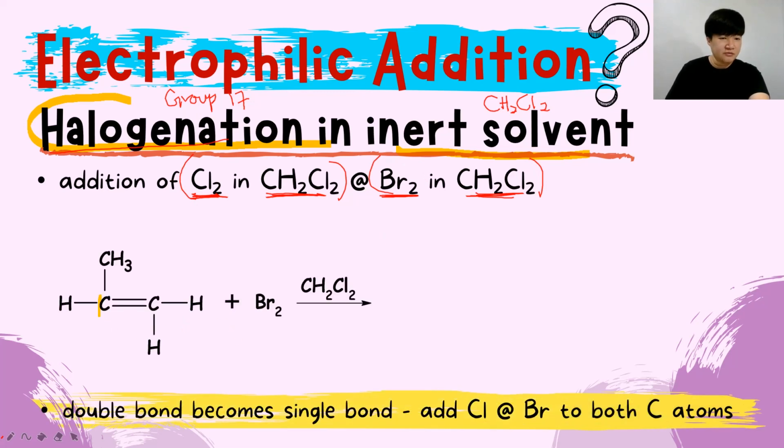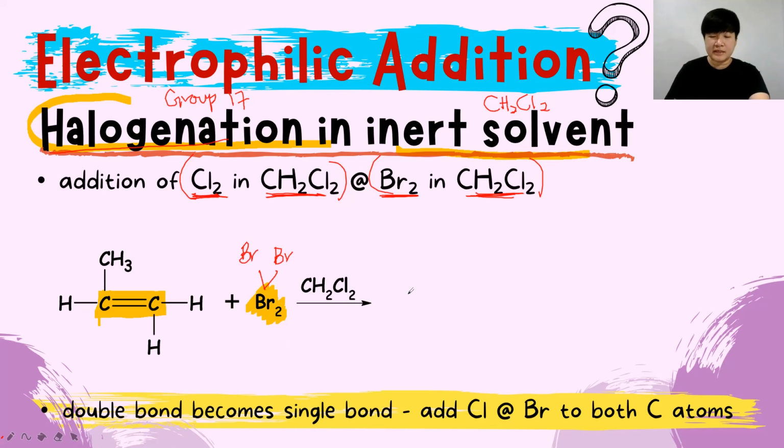The same thing, guys, we will still focus on the carbon-carbon double bond. But in this case, we do not need to check the hydrogen because you are adding in Br2. When you are adding in Br2, it means that you'll be adding in Br only. So no need to check the hydrogen.